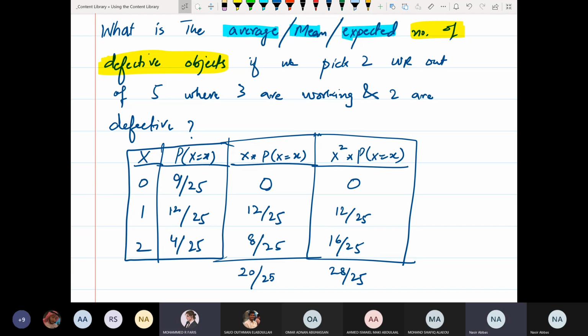Omar Adnan. Yes, Doctor. I would ask, is there a formula sheet in midterm and the quizzes? Yes, of course, there will be a formula sheet where all these formulas will be given. Can you share it before the quiz?